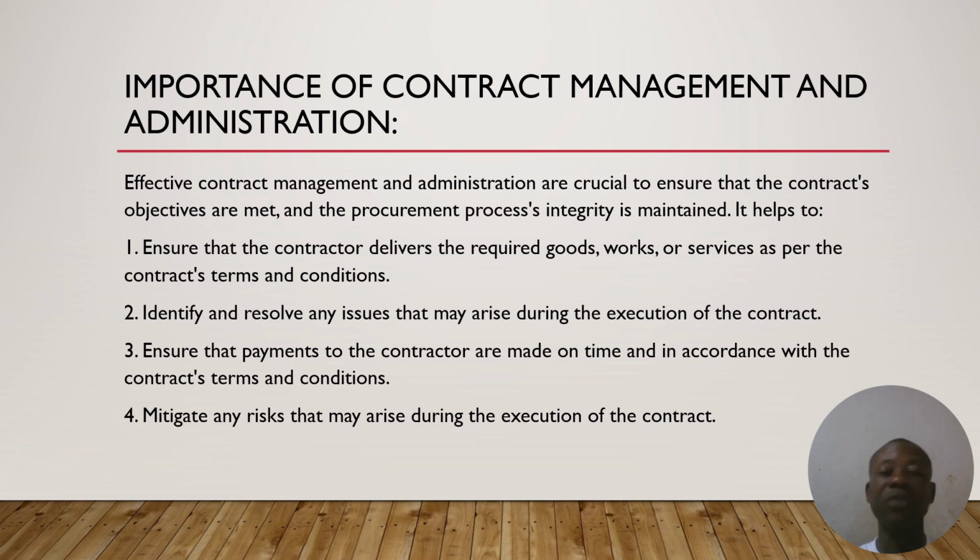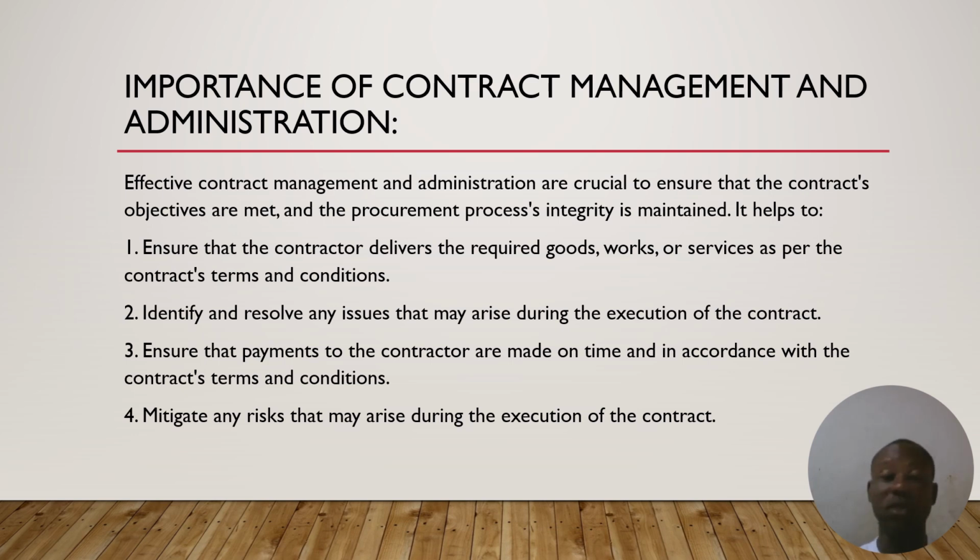So effective contract management and administration are crucial to ensure that the contract objectives are met and the procurement process's integrity is maintained. It helps to ensure that the contract delivers the required goods and services as per the contract terms and conditions as stated.